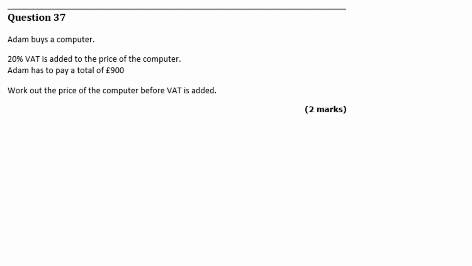This is another reverse percentage. Work out the price of the computer before the VAT. So VAT is being paid at 20%. So somehow we've added 20% on and got £900. So what do you do to add 20% on? You times by 1.2.